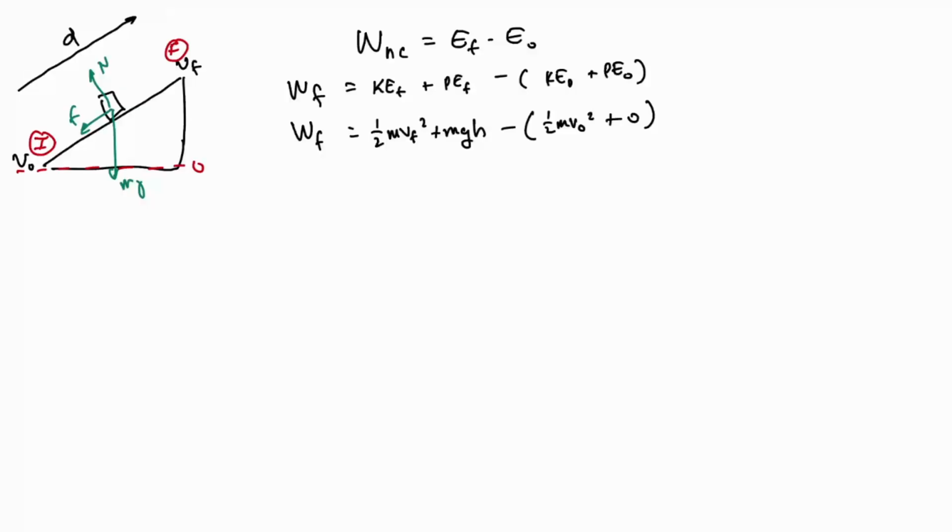All right, what are we going to do about work final? What is work? Work is force times distance times cosine of the angle between them. The distance is up the slope and the friction is down the slope. So that gives us a hint. It's negative, right? So it's minus F times D. Where'd my cosine theta go?